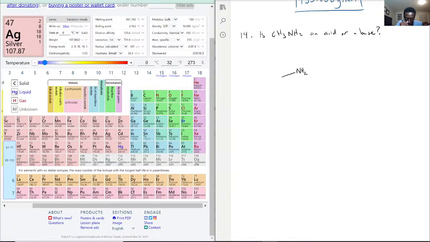Okay. But I feel like for this one, it'd actually be a lot better to understand if we drew the Lewis dot diagram as well. So we have C, we have N, and we have a lot of H's in the middle.